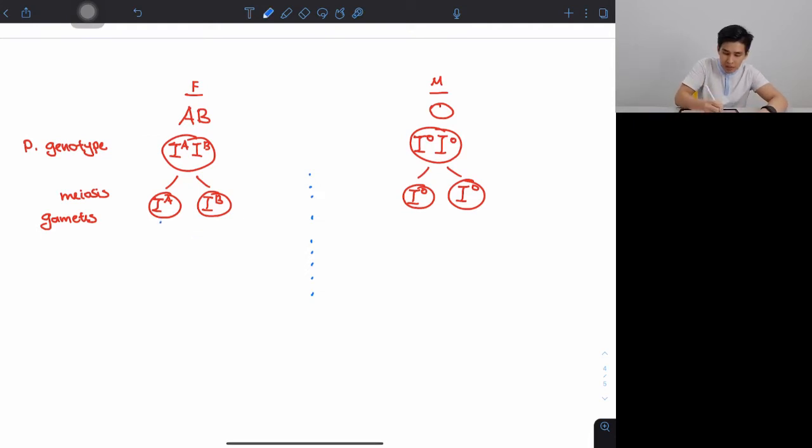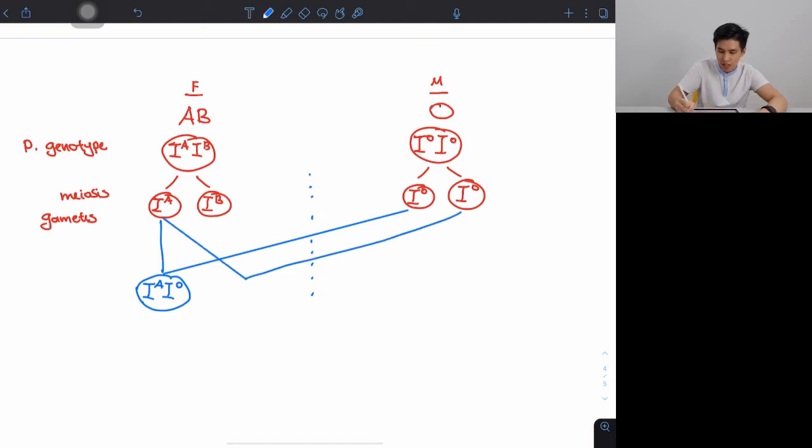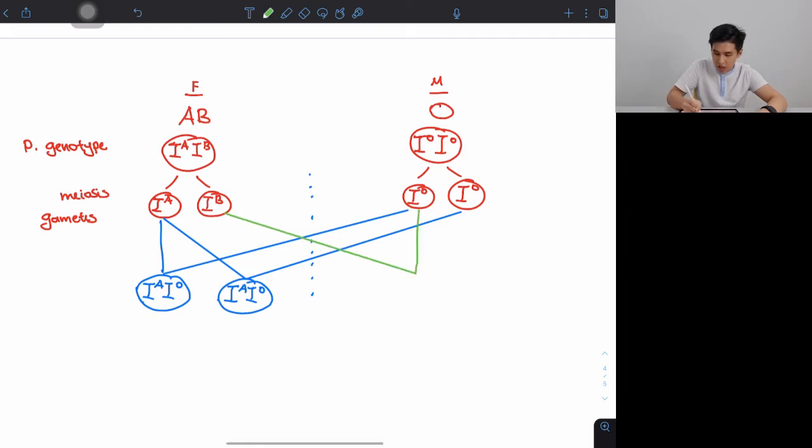So for example, this sperm has a chance to fertilize this ovum to give a child with IAIO, and it also has a chance to fertilize the other ovum, which is the same gene, giving IAIO. And the other sperm with IB has a chance to fertilize this to give IBIO, and the same goes for the other one, IBIO.